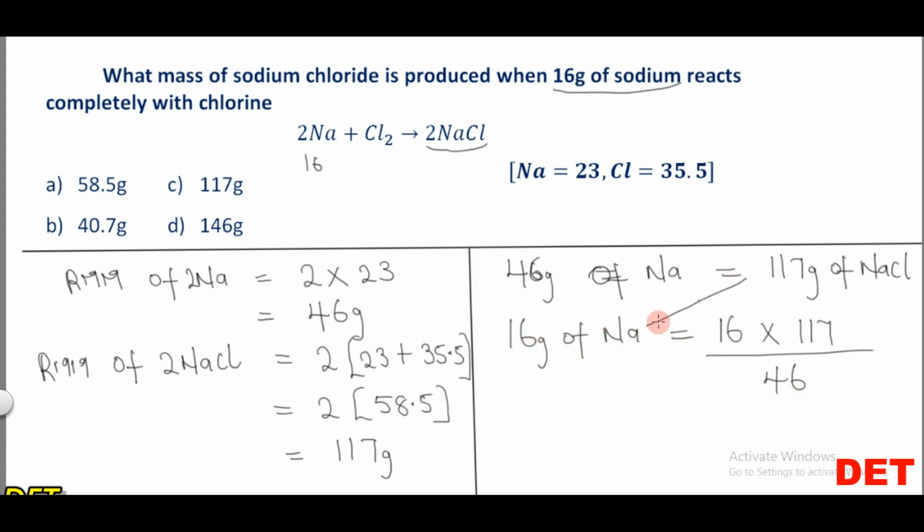You are multiplying this 16 grams of sodium by 117 divided by 46. That's what we did here. So 16 times 117 divided by 46.